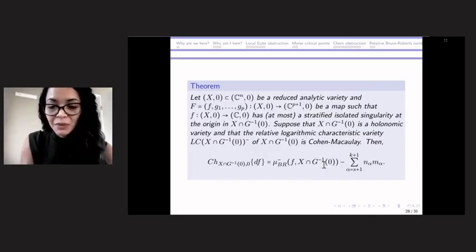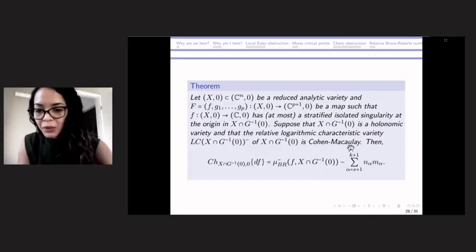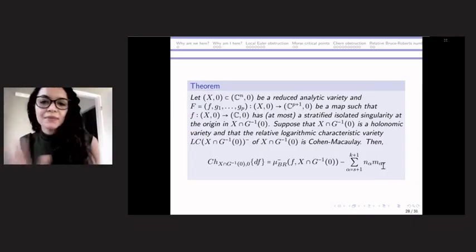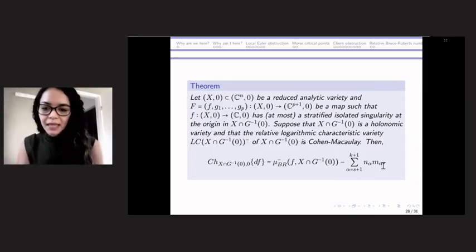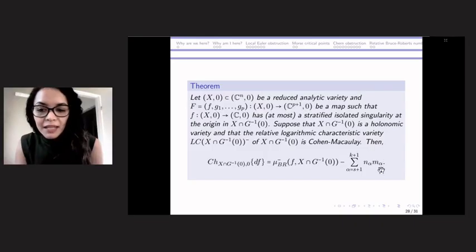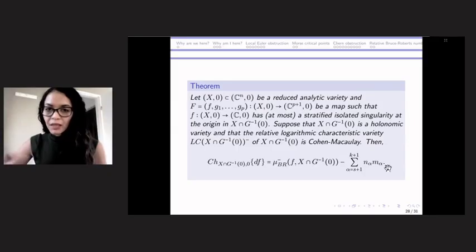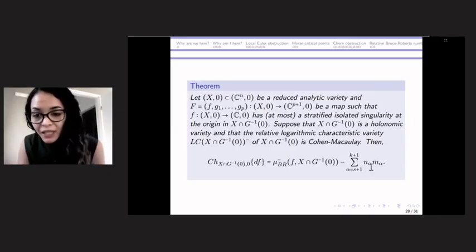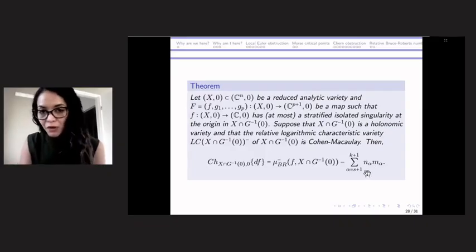the complex dimension, right? Minus this summation. This is a bit technical, but what we have here is a geometric multiplicity associated to the logarithmic stratification of the variety X, and n_alpha here are the number of Morse critical points.